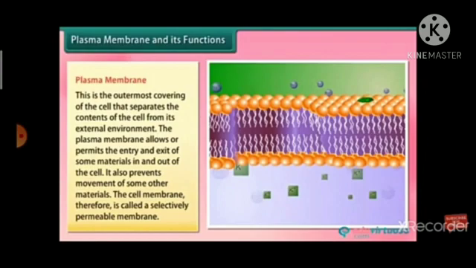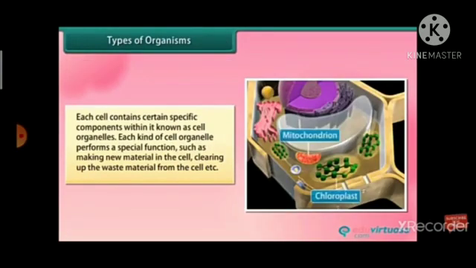In plant cells, it is inside the cell wall. In animal cells, it is the outermost covering of the cell. Next is cytoplasm, the liquid part in the cell except the nucleus. It is present in the space between the plasma membrane and nucleus. In the cytoplasm, the cell organelles are suspended.